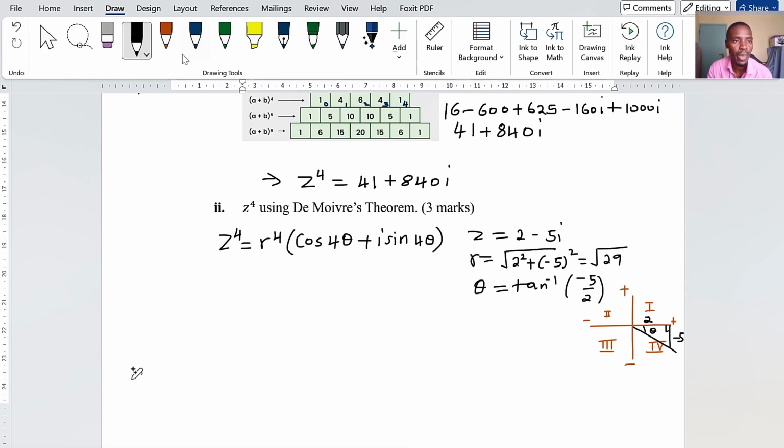We apply the tan, but now we need the beta first here, which must be positive. And then we find our theta. So beta will be tan inverse of a positive 5/2. So let's find that out first. So shift tan inverse of 5/2.